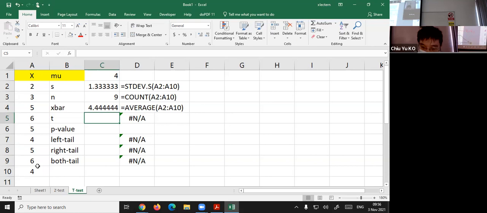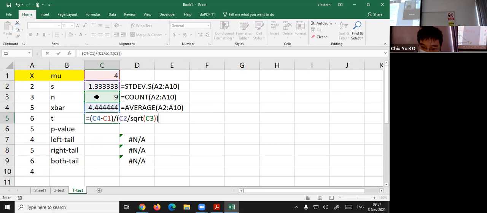And t will be just, so this is the same as before, except that we no longer use sigma, we use s.